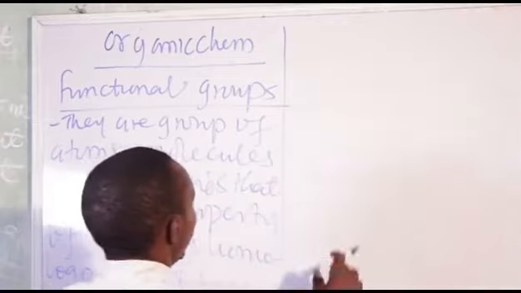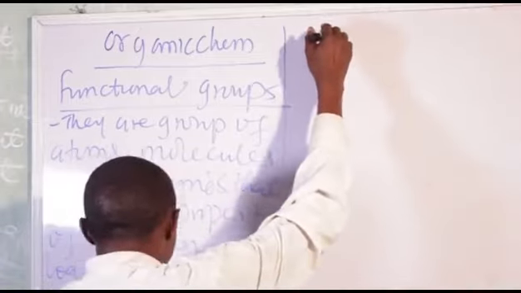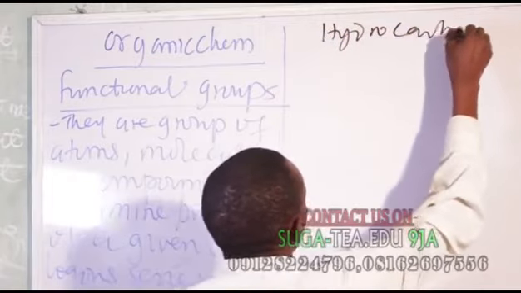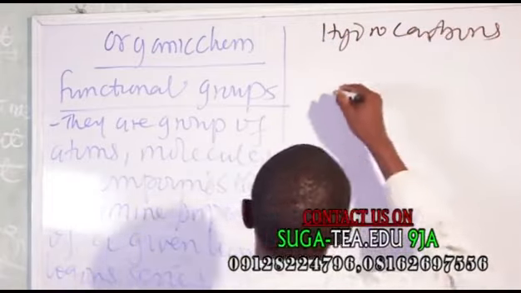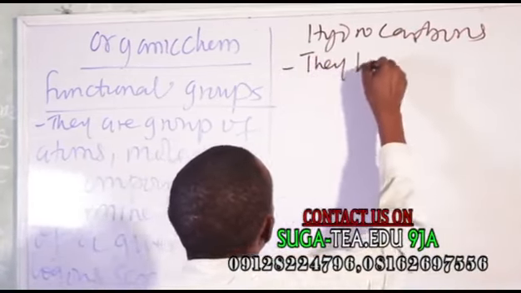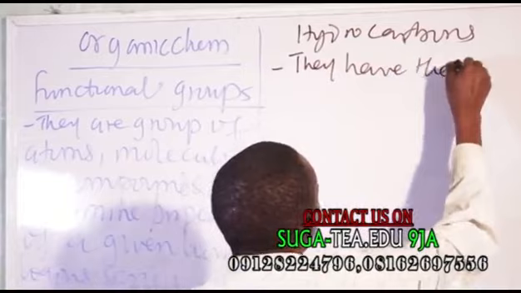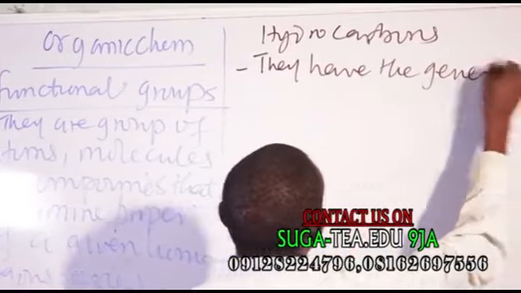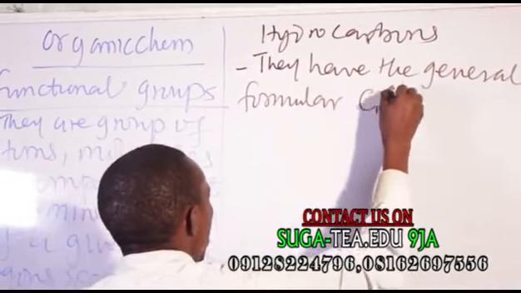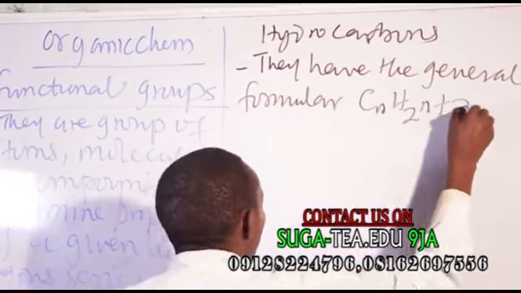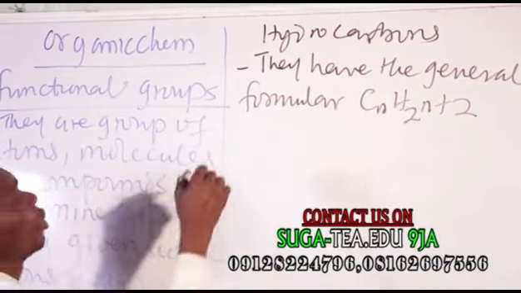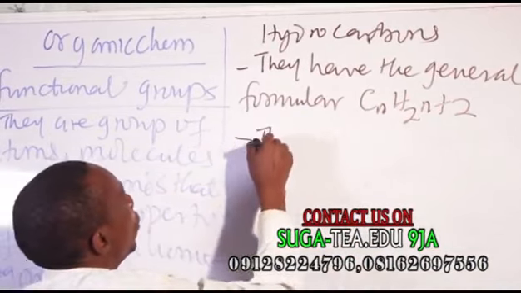Alkanes are saturated hydrocarbons. They have the general formula CnH2n+2.